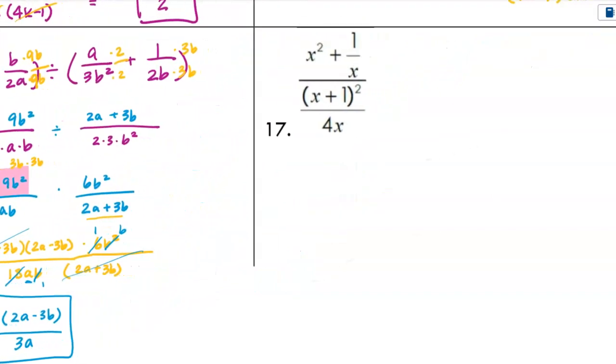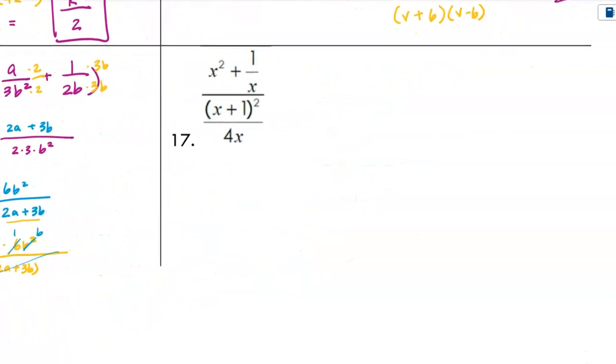Okay, next. Let's write that horizontally. So x squared over 1. Notice I always put anything that doesn't have a fraction over 1, because that's exactly what we're going to do. Divided by x plus 1 squared over 4x.